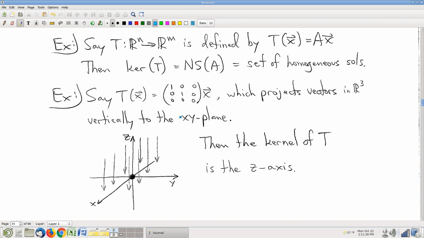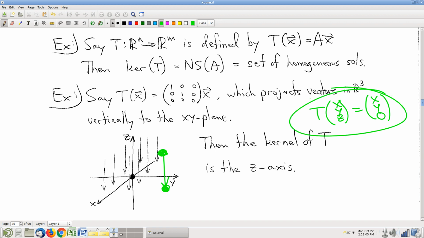So, not hard to persuade yourself with a little bit of algebra that T of (x, y, z) is equal to (x, y, 0). So any point (x, y, z), its image is its projection down into the xy plane. So that comes from this algebra, which is just a rewrite of that. Everybody on board?